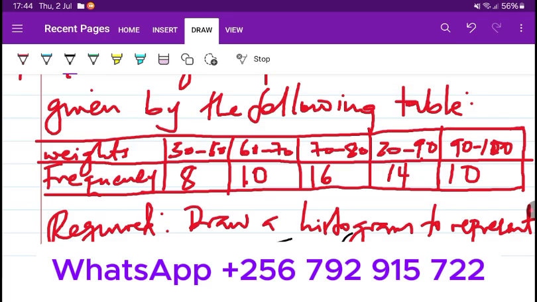Is it an inclusive class or an exclusive class? Basing from what we had discussed, we had looked at the inclusive class, whereby we had gaps. But if you look at this data set, it is not an inclusive class, it's an exclusive class.